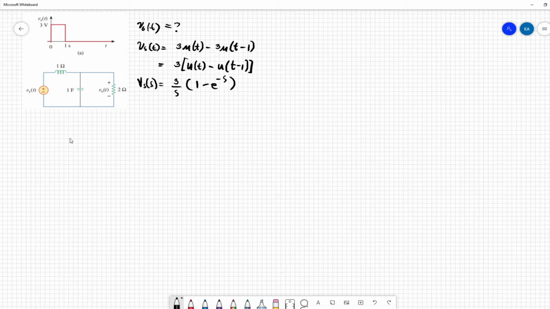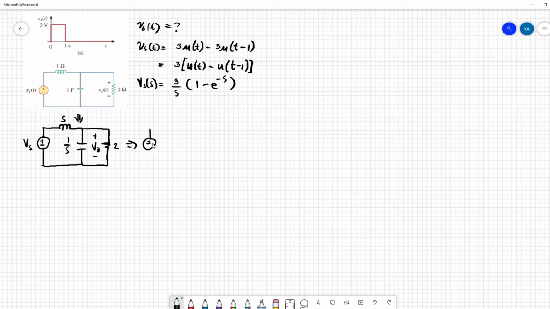So first, let's transform our circuit to the frequency domain. We can simplify the circuit into a single loop.